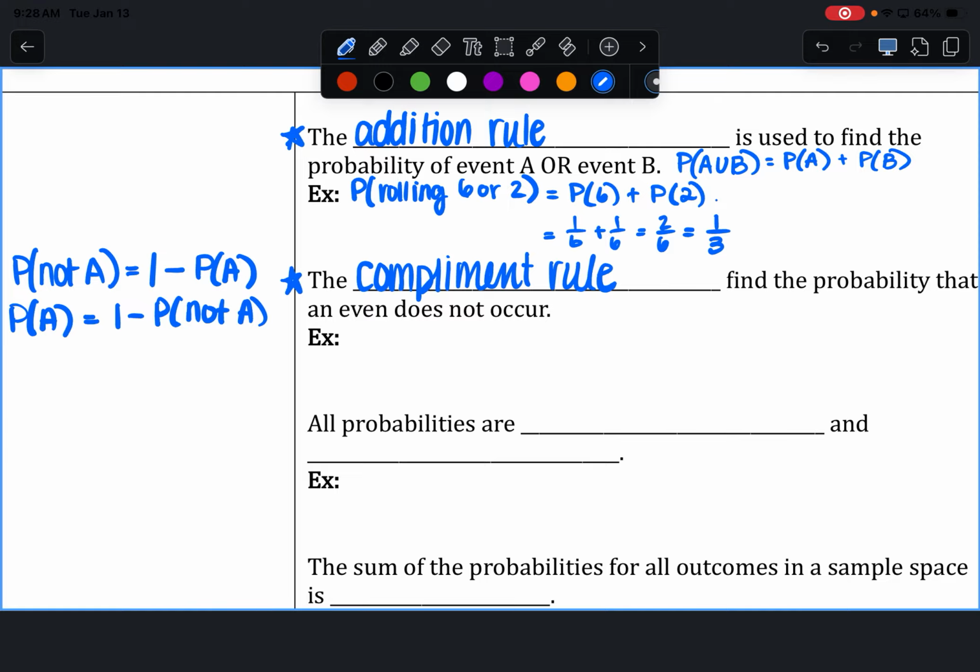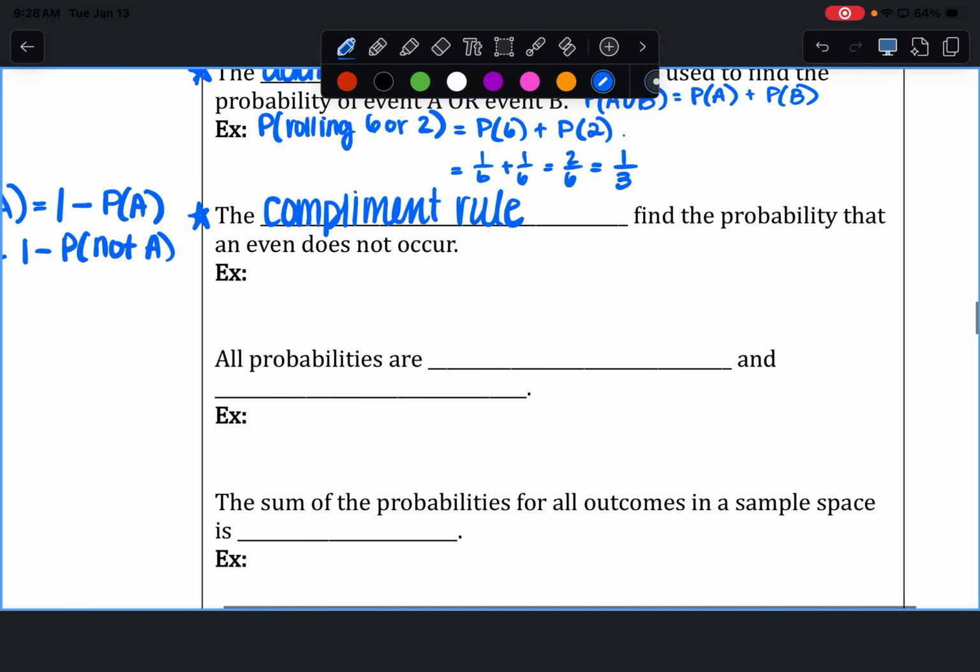So if I said, let's see, the probability of not rolling a 2. We're going to do 1 minus the probability of rolling a 2. So 1 minus, what's the probability of rolling a 2? 1/6.